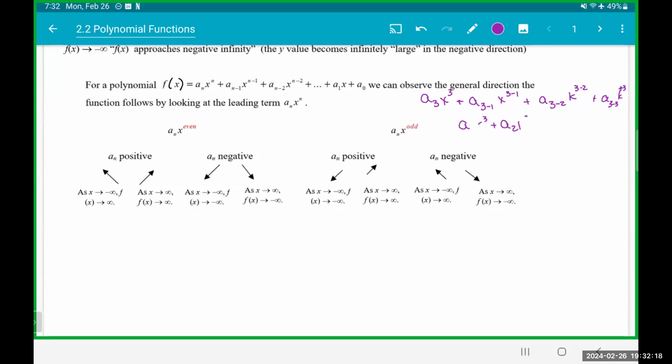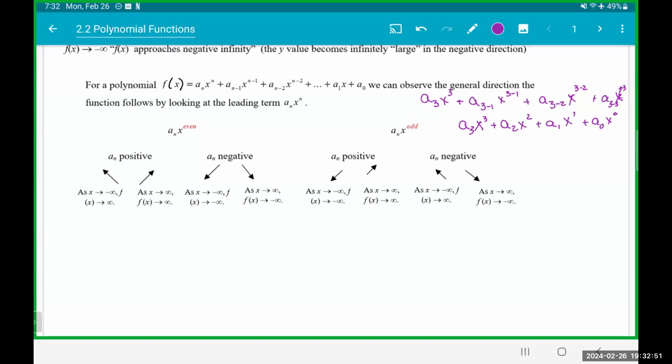I don't know why I said k. Sorry. Plus a1 x to the 1 plus a0 x to the 0. Okay. And x to the 0, anything to the 0 power is 1. So that's how that comes about.